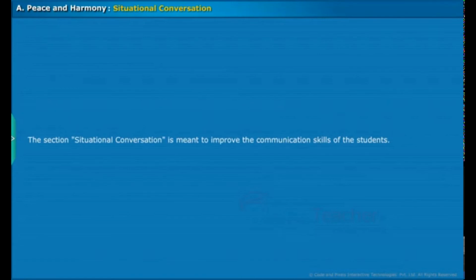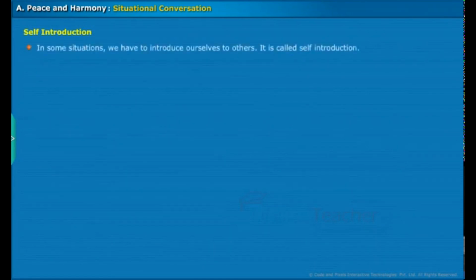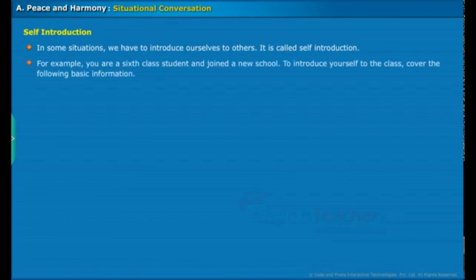Situational conversation. The section Situational Conversation is meant to improve the communication skills of the students. In this section, we will observe how to give self-introduction. Self-introduction. In some situations, we have to introduce ourselves to others. It is called self-introduction. For example, you are a 6th class student and joined a new school.